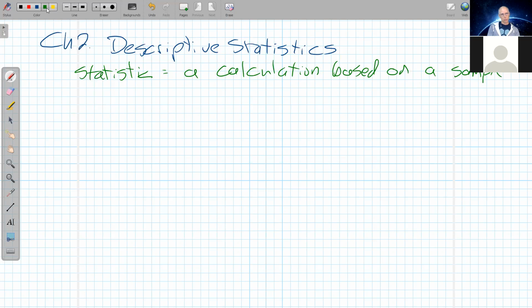So the simplest one, and again, it's a pretty important one, is the sample size. We usually give that the letter N. Sometimes it might just be called the count for the data set.